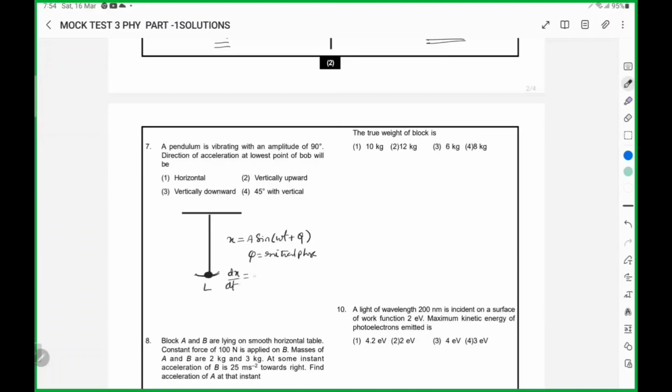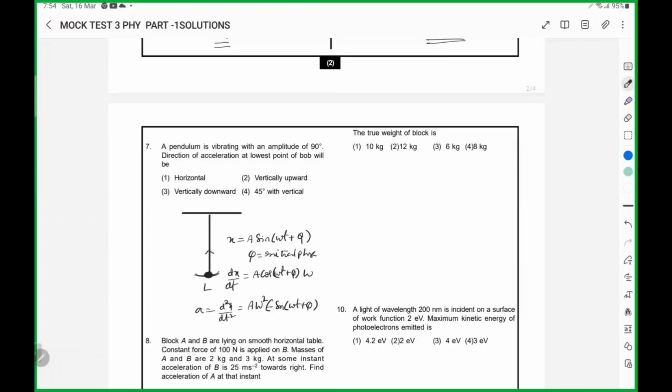dx by dt we get A omega cos omega t plus phi. Acceleration is A omega square into minus sin omega t plus phi.